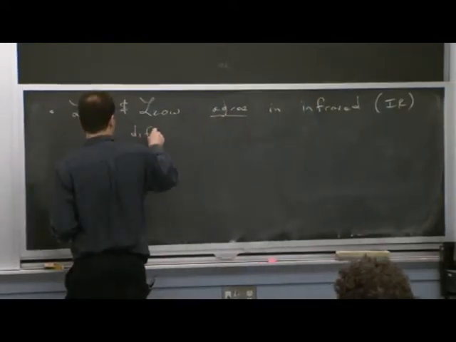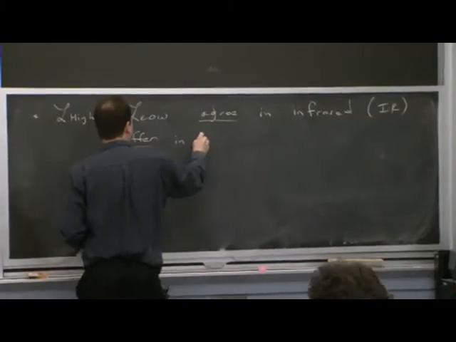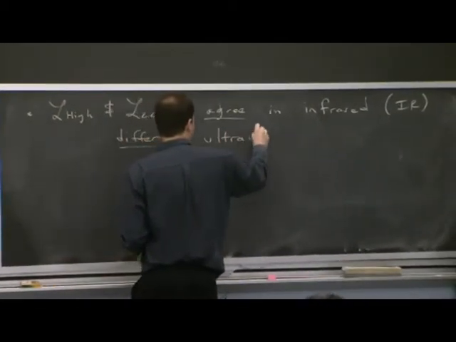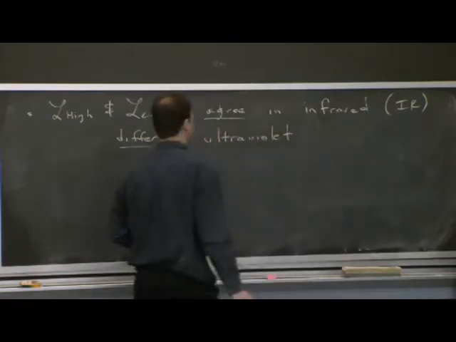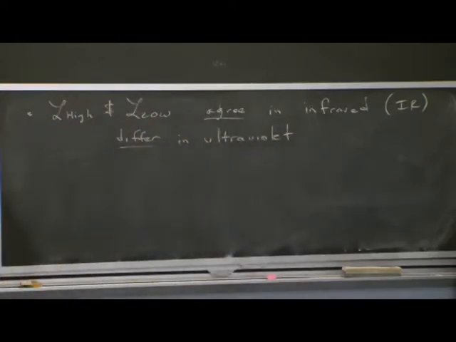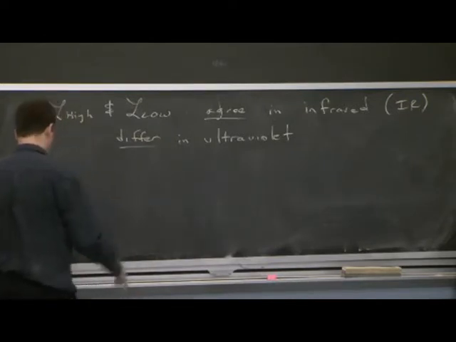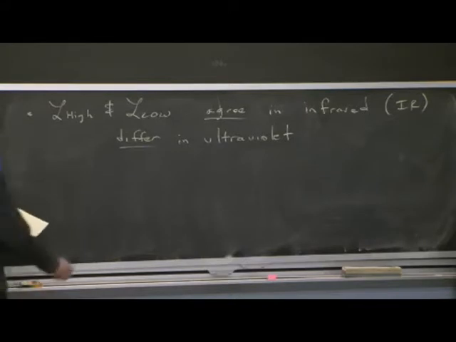The place where they differ is in the ultraviolet. So they might have different ultraviolet divergences. Most often they will have different ultraviolet divergences. They don't have to agree in the ultraviolet. And actually, you exploit that to do things with the effective theory that would be hard to do with the full theory. We'll talk about how we do that later on. So the fact that they differ is actually not necessarily a negative thing. It can be a bonus.